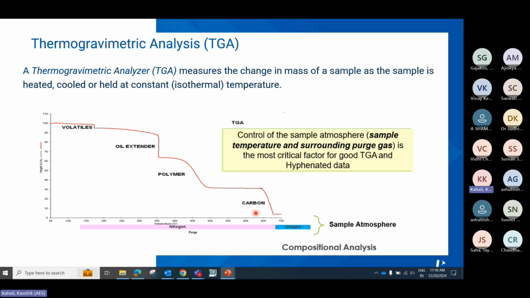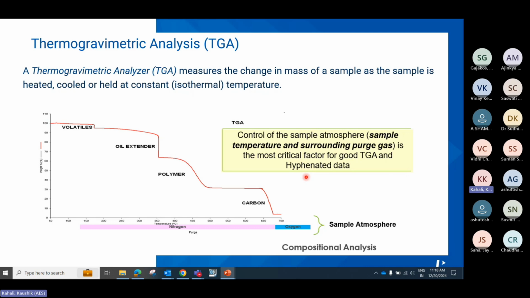This is how a TGA thermogram looks for any sample, where we control the sample atmosphere. Along with heating, cooling, or isothermal operation, the sample can be placed in different atmospheric conditions. You can use different gases like nitrogen, argon, helium, or oxygen, as per the application requirement, and monitor the changes.